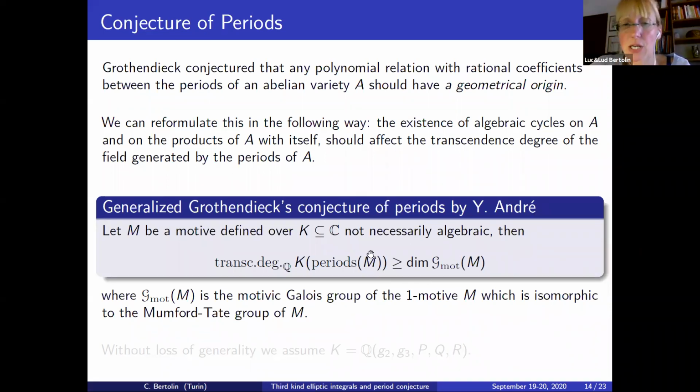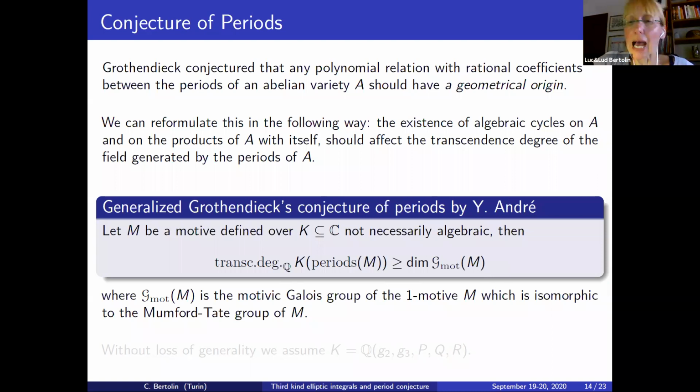Then Yves André generalized it to a more general geometrical object, the 1-motive. If the field is not algebraically closed, you don't have equality in this conjecture, but you just have that the transcendence degree is bigger than or equal to the dimension of the Mumford-Tate group, or of the motivic Galois group.